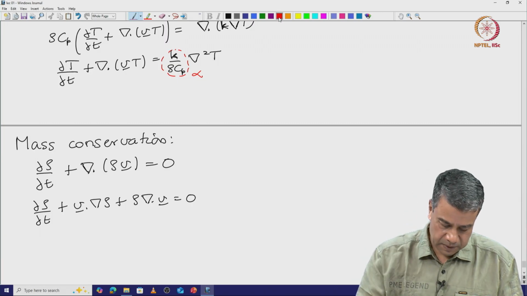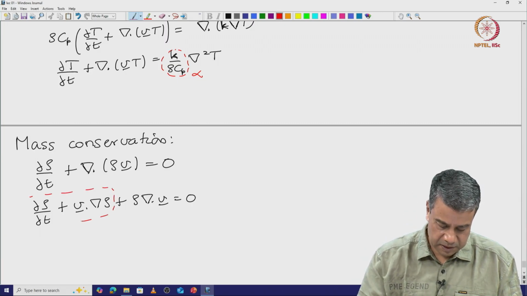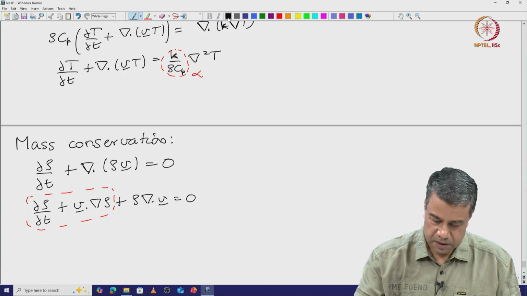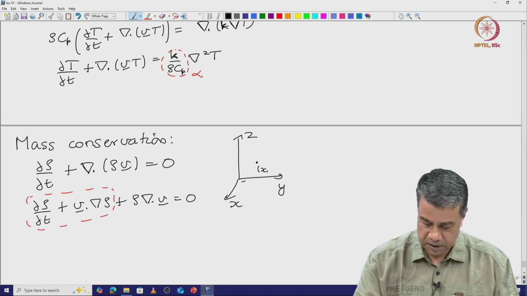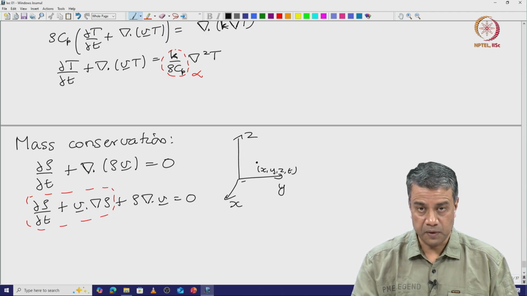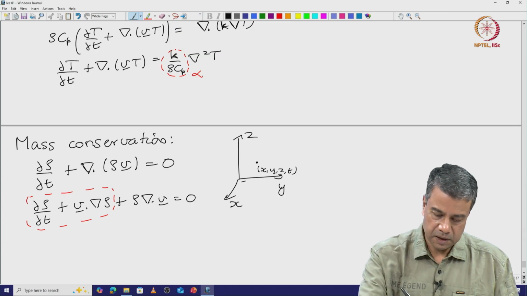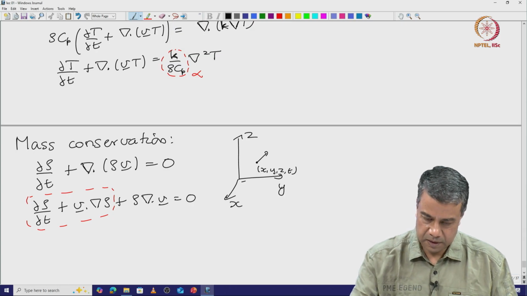And if you recall, we had defined this as the substantial derivative. That is the derivative in a reference frame that is moving with the fluid velocity. That is, if a point was at the location x, y, z, t, a material point, a fluid element, then it moves to a nearby location after a time t plus delta t.